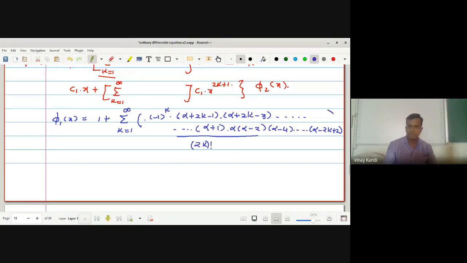This whole bracket is multiplied by x raised to 2k. So this is our phi 1 of x.